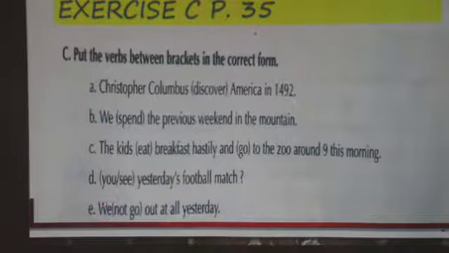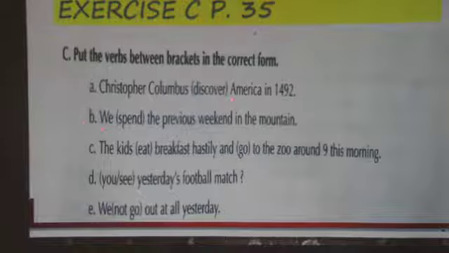So let's have a look at the sentences which are there. We have Christopher Columbus and discover. This is the verb, to discover, which means to find something for the first time. America, okay, the American continent, in 1492, which means we have here the preposition in, preposition of time, something that was in the past, which means we're going to put the verb here between brackets in the simple past.